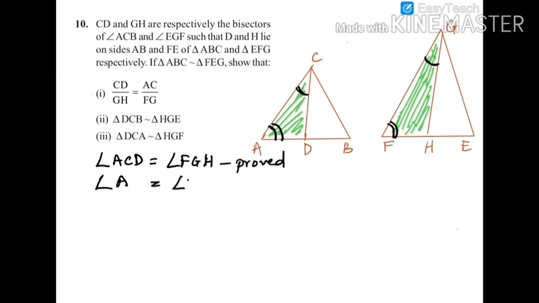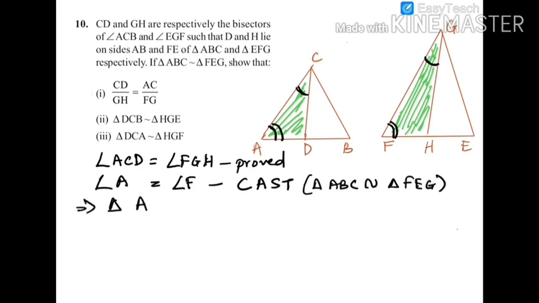Angle A is equal to angle F. They are corresponding angles of similar triangles. So this implies triangle ACD is similar to triangle FGH by angle. That proves the third part of the question.